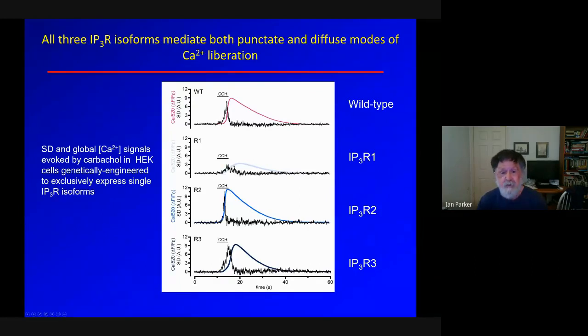Here are typical responses to carbachol. In all cases, there are differences in amplitudes and kinetics, but fundamentally the qualitative conclusion is that all three IP3R isoforms mediated both puffs, this flurry of puff activity, the SD signal, and the global rise.